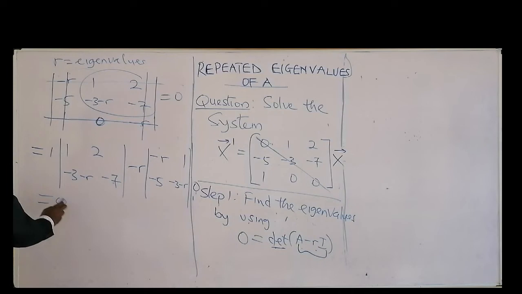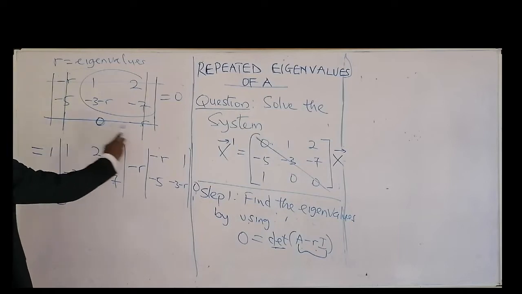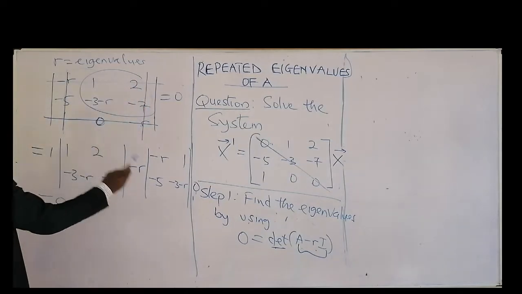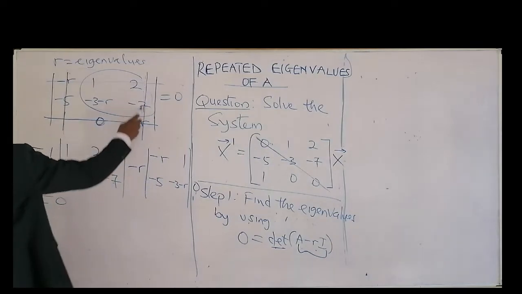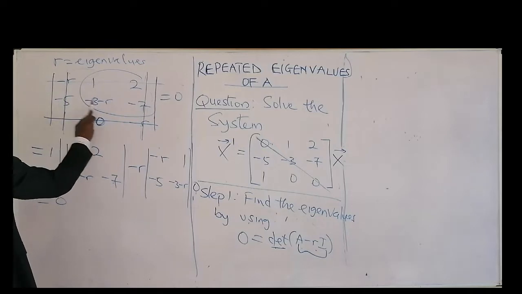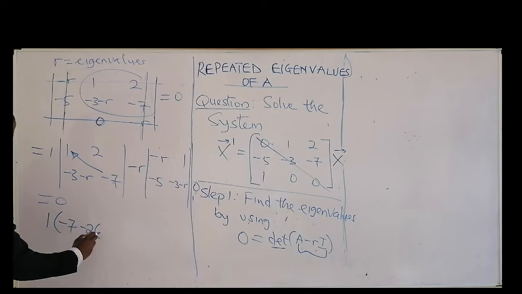This equals 0. As I've said, for the first one, cover the row and column, then you have these determinants. For the third one, cover its row and column too, so we have this. We now have 1 times minus 7 minus 2 times the bracket minus 3 minus r.